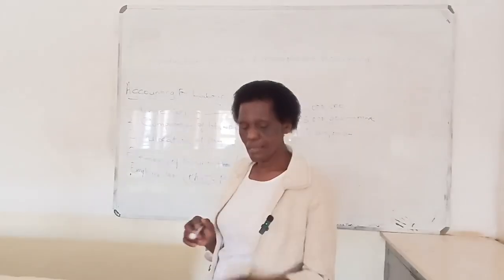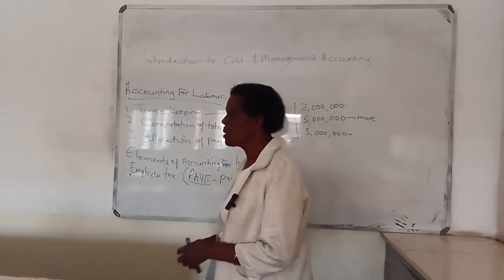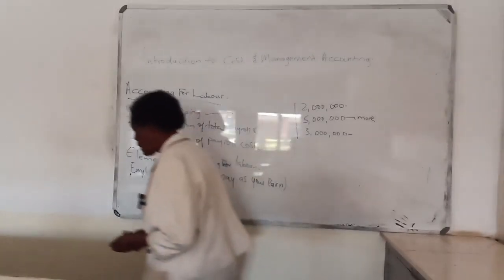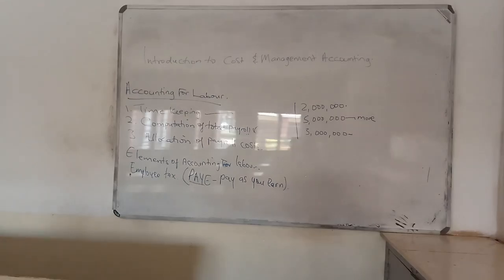So these are the things that we should really know, that it's part of the labor element calculations. We cannot escape. It's a bylaw, it's a law that we should deduct tax.